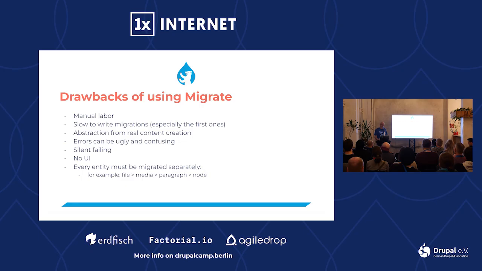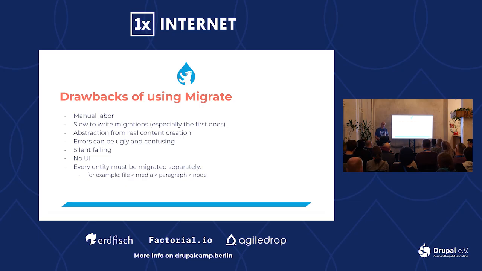And then a problem when using Migrate is that you're not actually creating content in the UI, but you make a script that creates it for you, so you have these abstractions, and you don't know exactly what's going on behind the scenes.